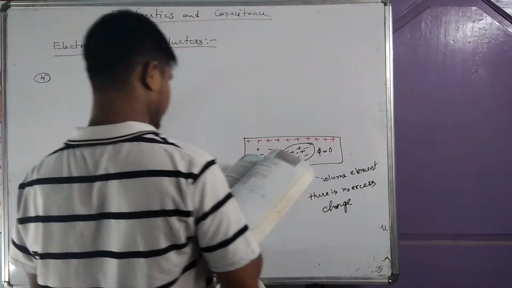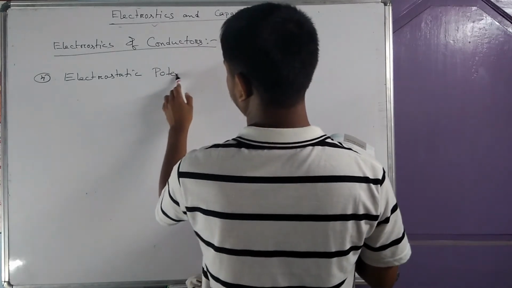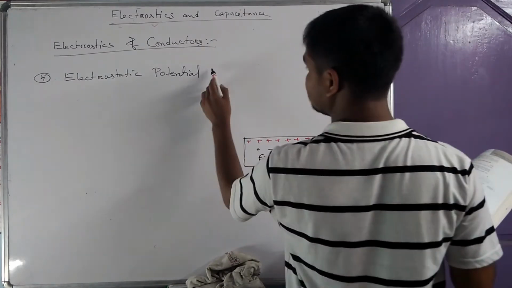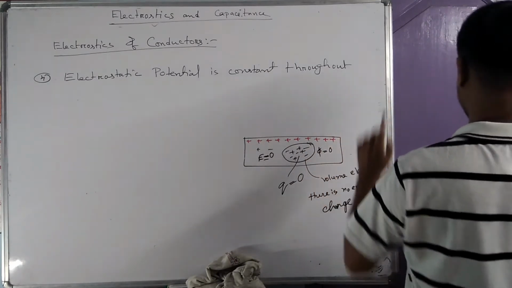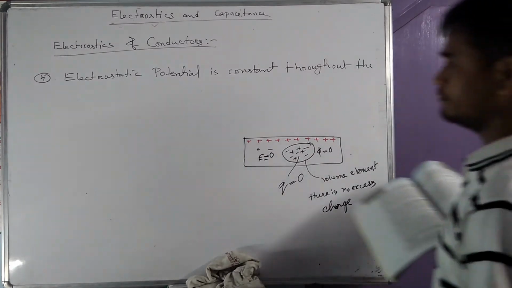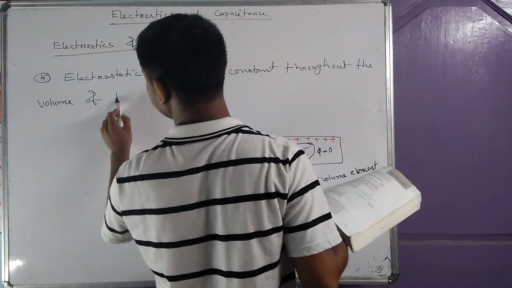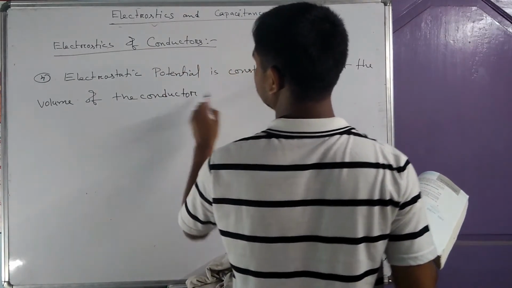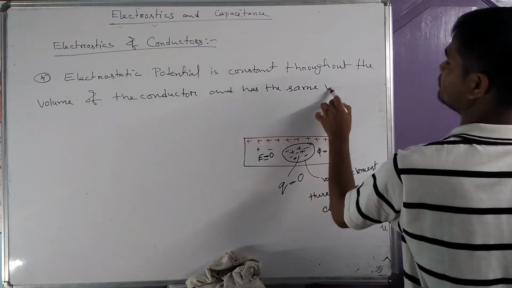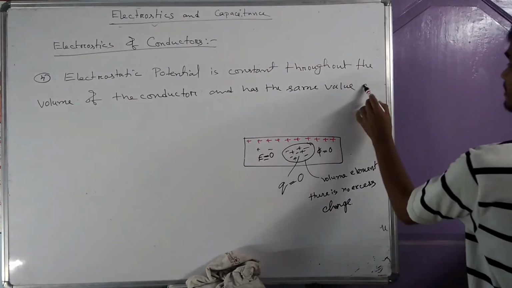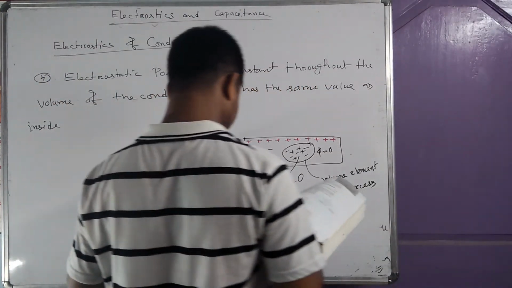Number 4, electrostatic potential. Electrostatic potential is constant throughout the volume of the conductor and has the same value as inside on its surface.